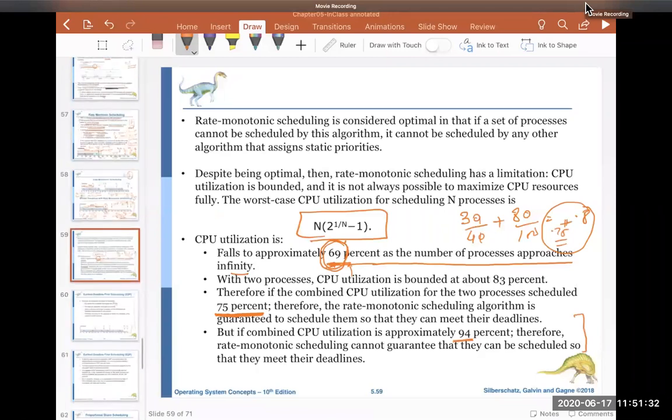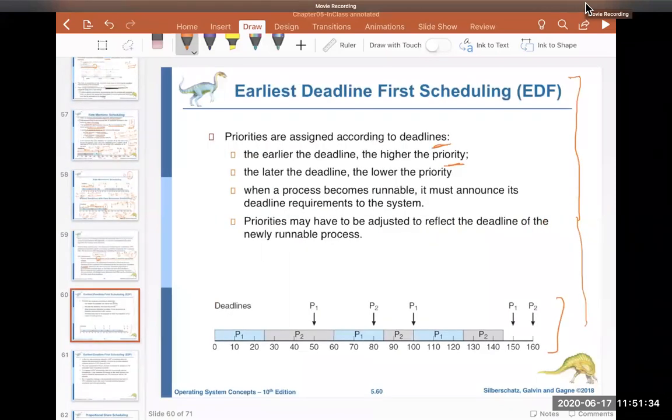In such situations, EDF says that it could allocate processes to 100% utilization. Because first of all, it is a dynamic scheduling algorithm, because it schedules the jobs based on the deadlines rather than the fixed period of the job.